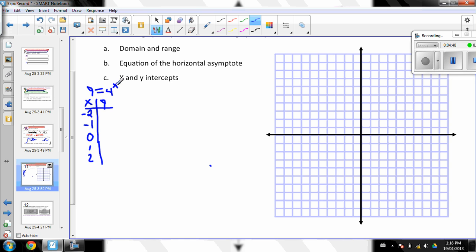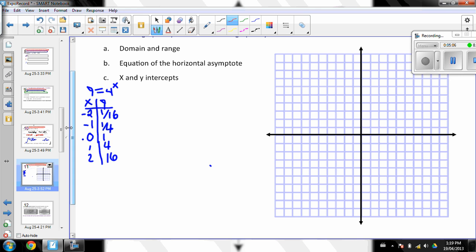Now when I plug those in, 4 to the power of negative 2 is going to be 1 over 16. 4 to the power of negative 1 is going to be 1/4. Anything to the power of 0 is 1. Anything to the power of 1 is itself, and 4 squared is going to be 16.